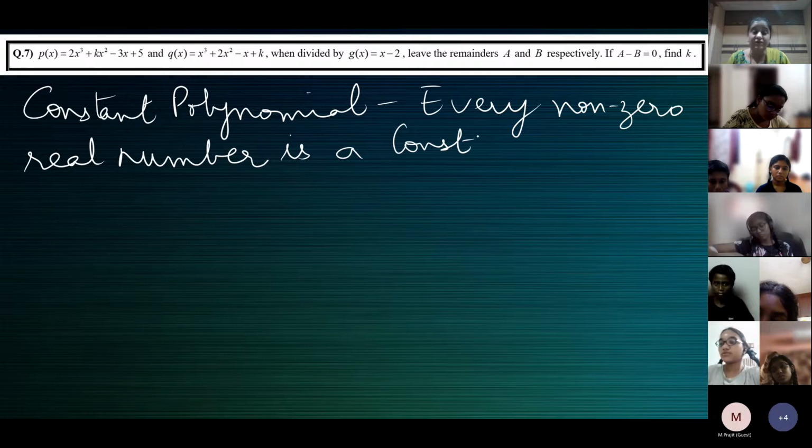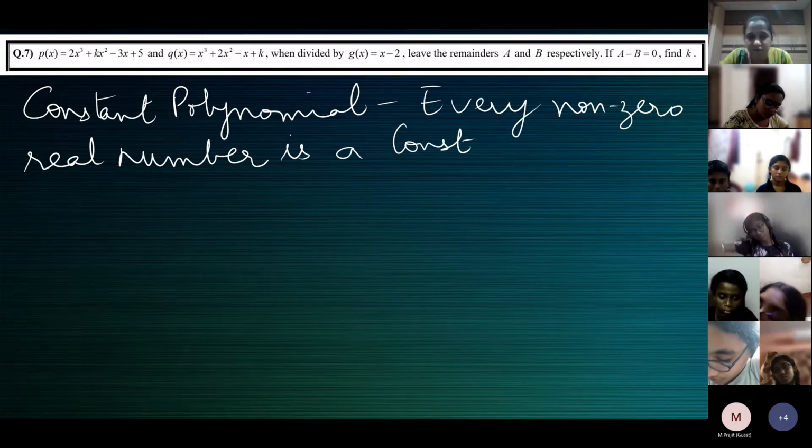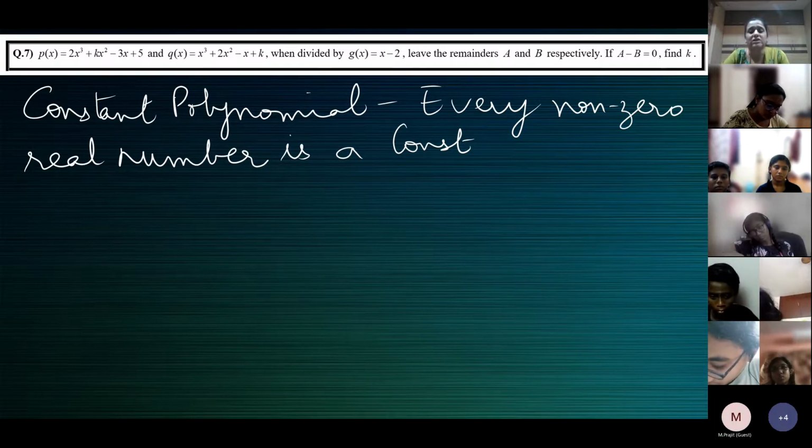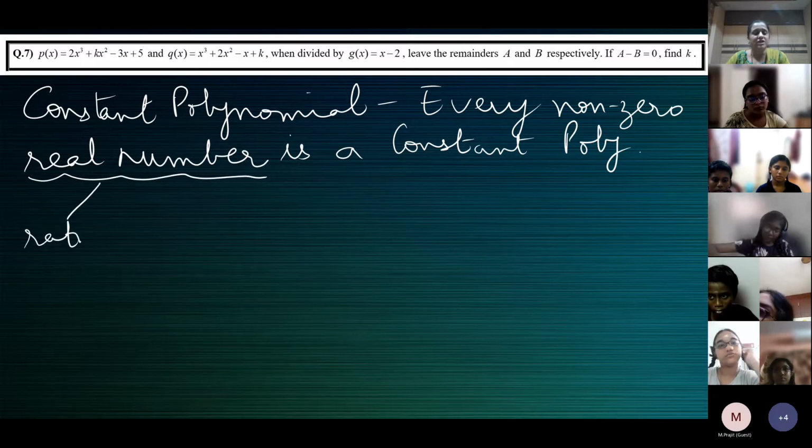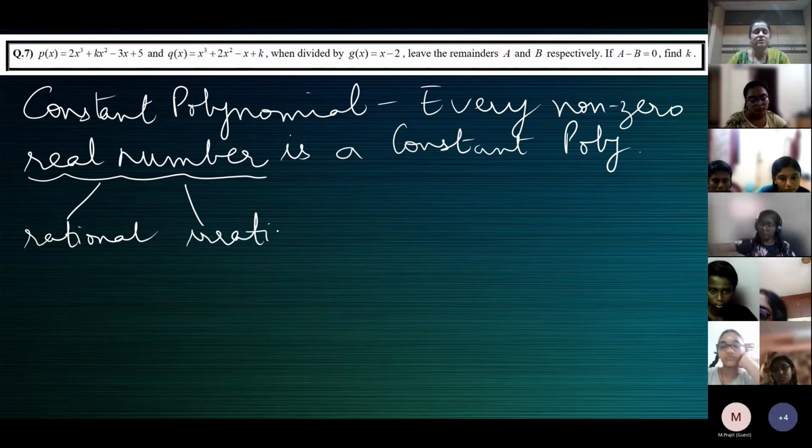Not zero. Every non-zero real number. Zero is not a constant polynomial. Every non-zero real number is a constant polynomial. When we say real number, it can be rational or irrational. It should not be zero. Zero is also a real number.